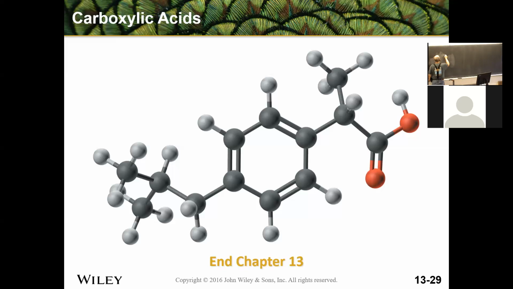Okay, so 3 carbons. In the IUPAC name, this is propanoic. Propane, we drop the E, so this becomes propanoic acid. And the common name is propionic acid.